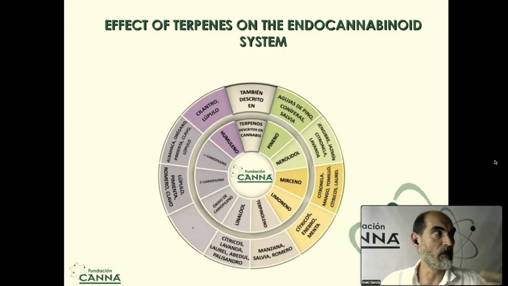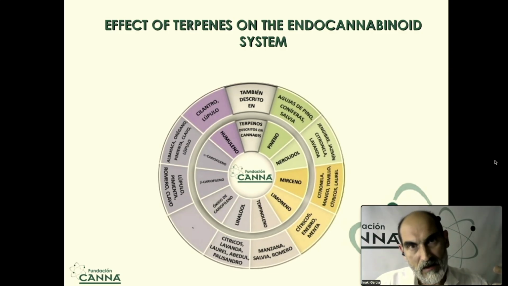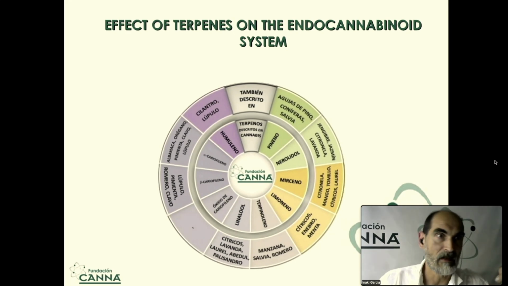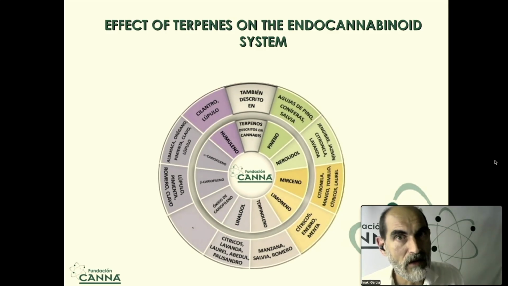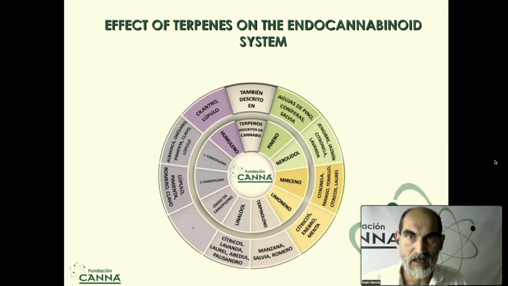Because I can say this plant has limonene as the main terpene, and the plant has THC. So because of the study that I have mentioned, I know that this combination is better than taking THC alone, no? Okay, this is important, but we know that most of the terpenes in the cannabis plant are also in other plants.